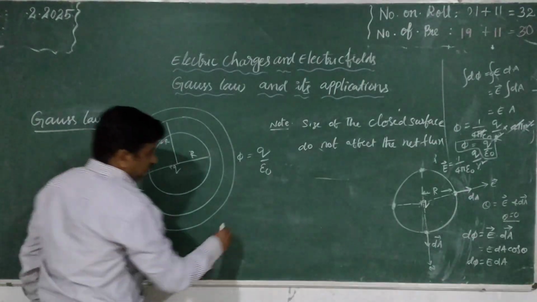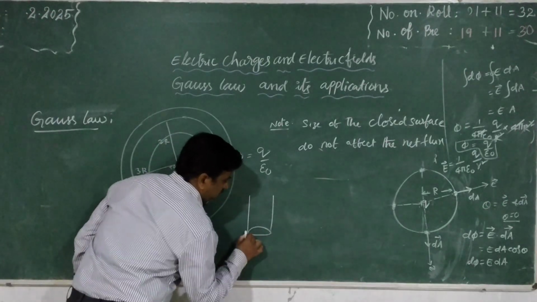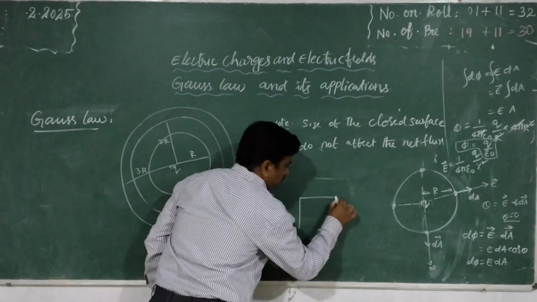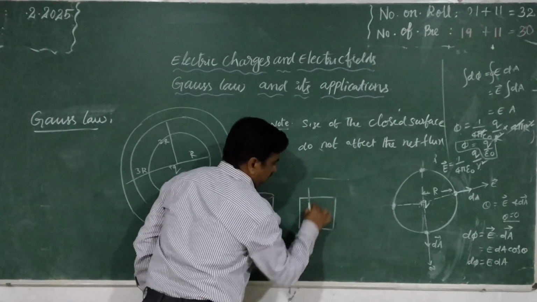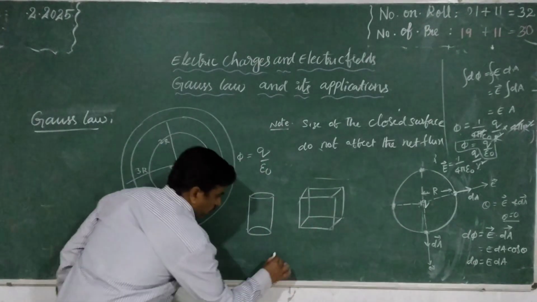Next, we can take different shapes of closed surfaces. This is a cylindrical closed surface. Next, we can take a cubical closed surface. And we can take a conical closed surface.